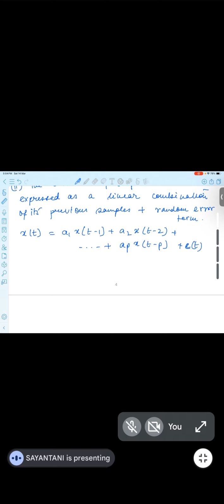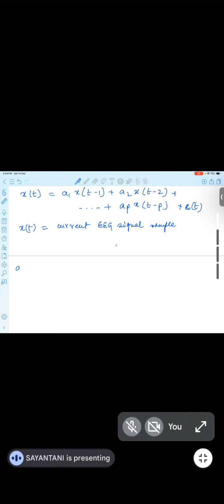Of course you can understand what is x(t), that is your current EEG signal sample, and a1, a2 till ap are your autoregressive coefficients or parameters, and p is the order of the model.